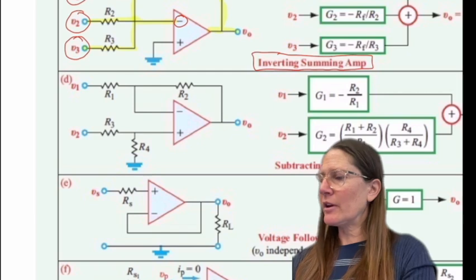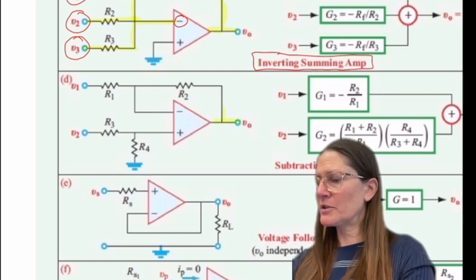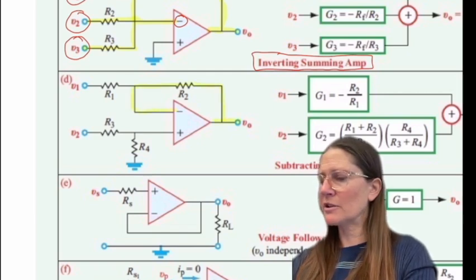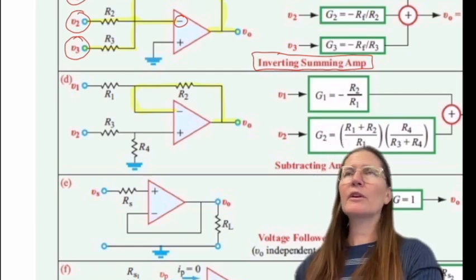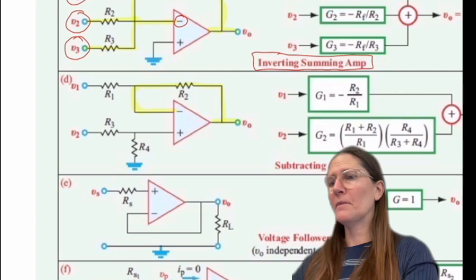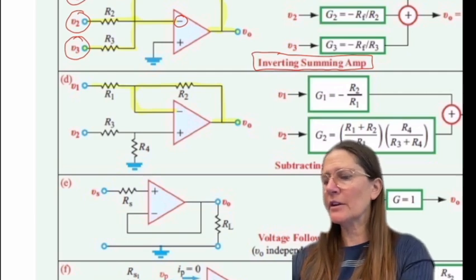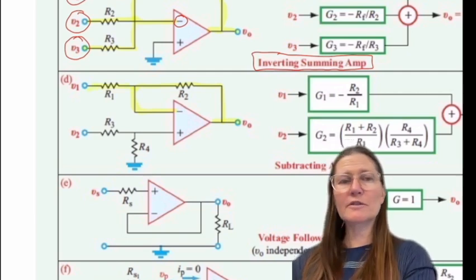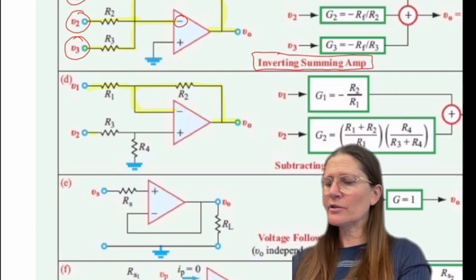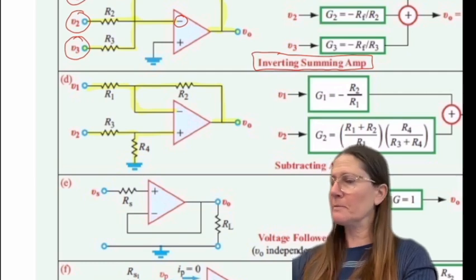There is a pathway from the output through the R2 back into that negative terminal. So it is feedback. I then see that it has a pathway here to V1, and then I also have a V3 or V2 on this other side.